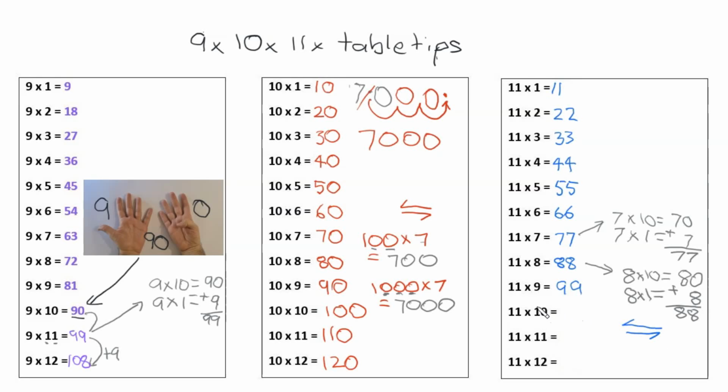So whether you say 11 times 10 or 10 times 11, just go, oh, a number's being multiplied by 10. Which number's being multiplied by 10? It's this 11. It's the 11 that's being multiplied by 10, so I'll just add a 0, like we did over here. So it's 110.